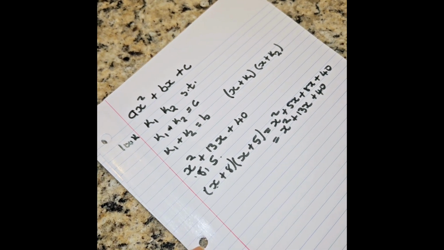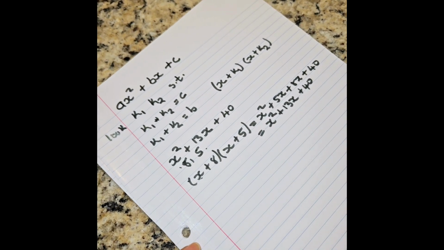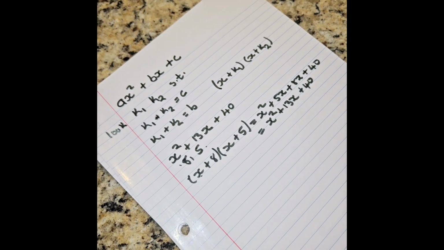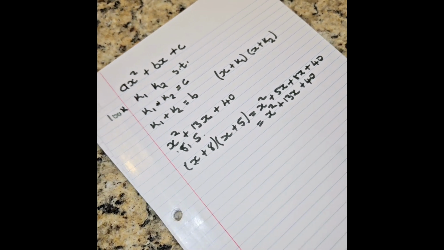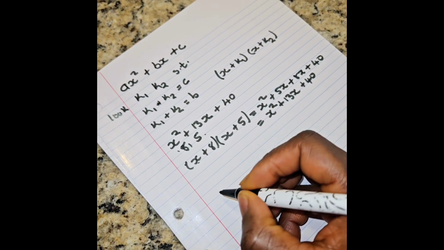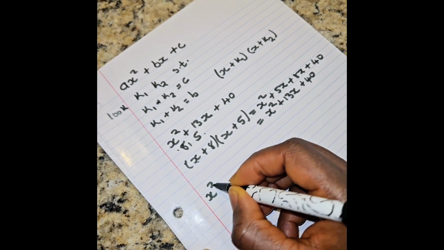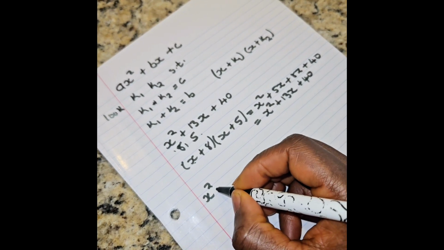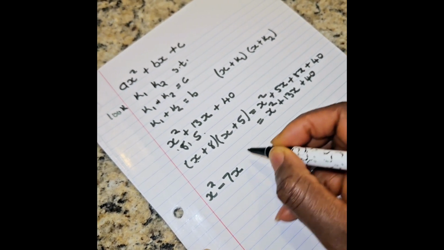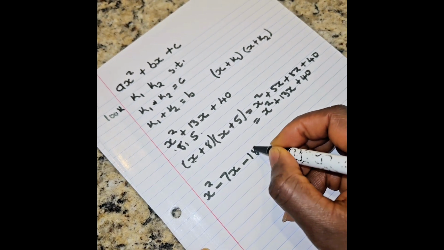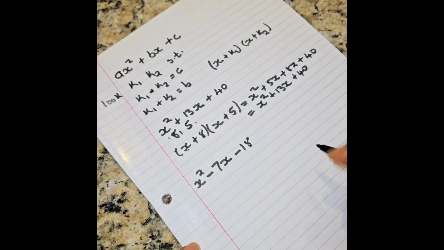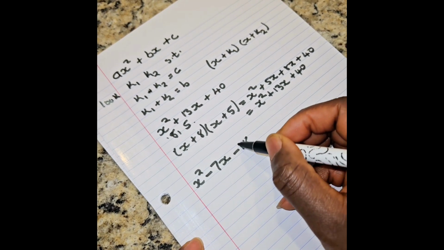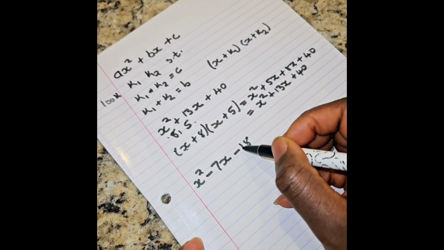So let me do another example. The second example could be: factor x squared minus 7x minus 18. Now I have to look for two numbers that when I multiply them, it will give me negative 18.